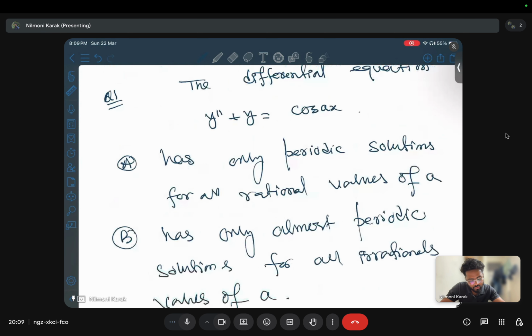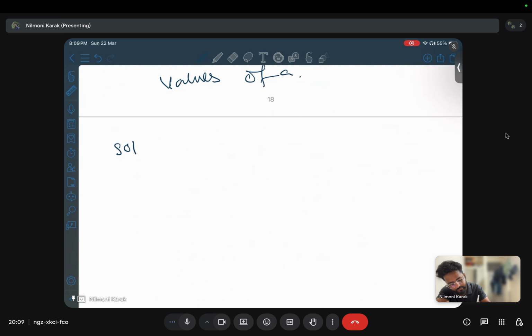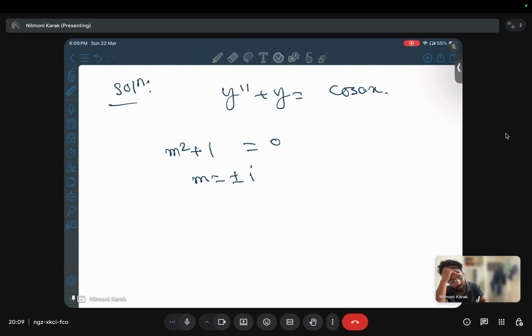Okay, so first we need to solve this differential equation: y double dash plus y equals cos x. The auxiliary equation gives plus or minus i, so your complementary function is c1 cos x plus c2 sin x.